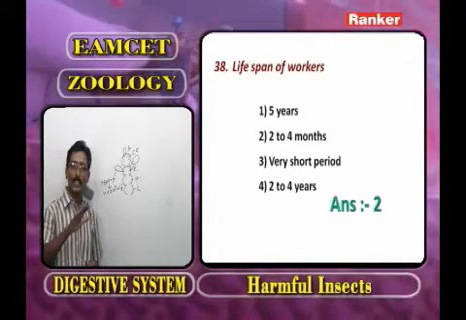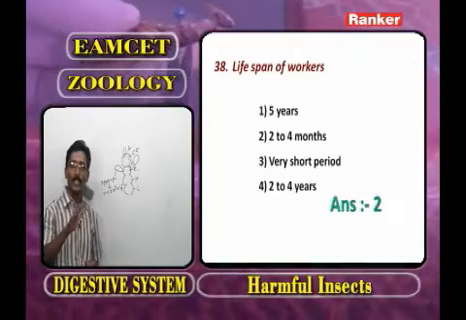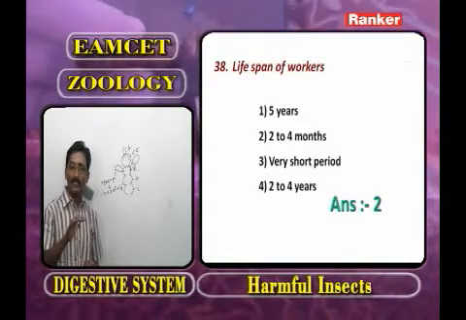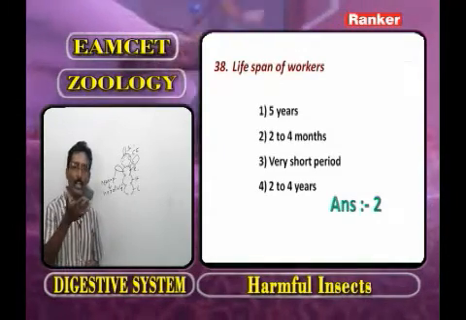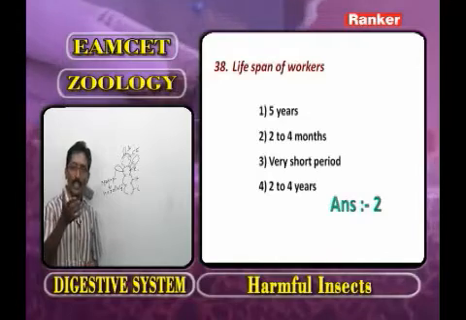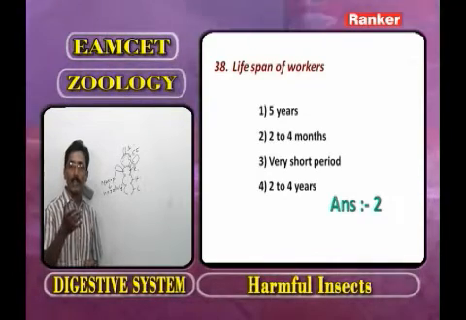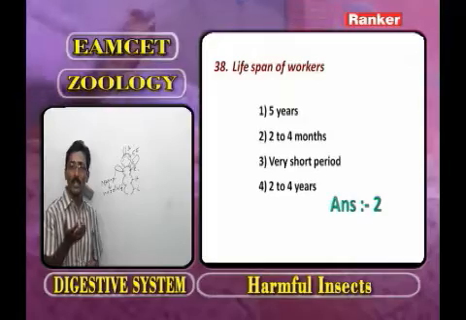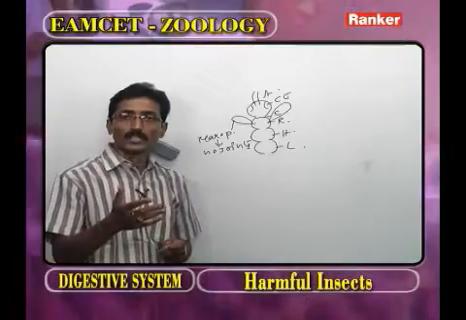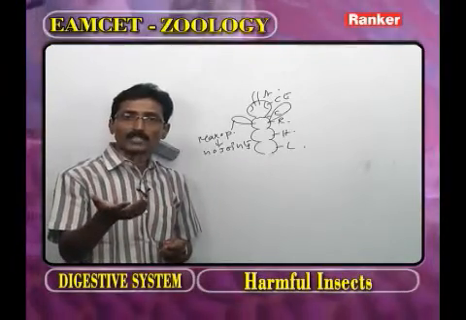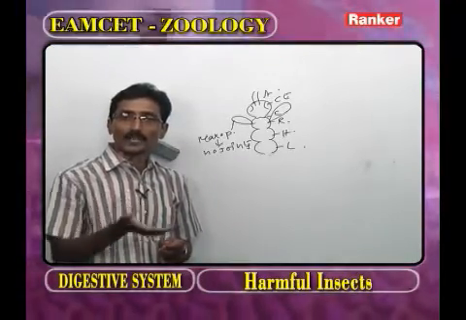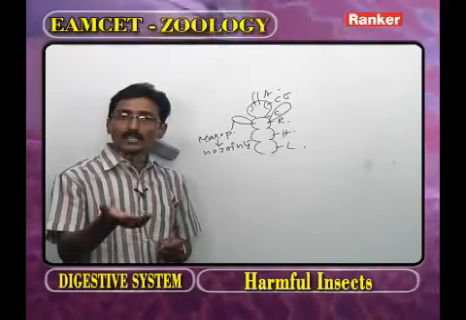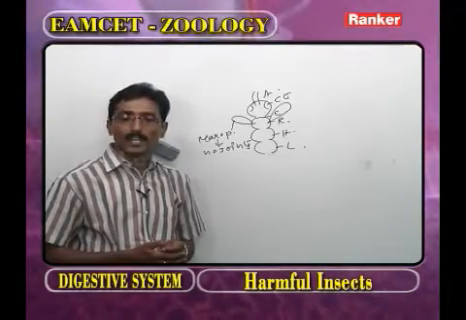The lifespan is short. After completing the copulation, because of starvation, the male honeybee dies. Why does the male honeybee die? In the male honeybee, the mouth parts are reduced, so after copulation, because of starvation, the male honeybee dies. What is the leftover? That we call worker honeybee.